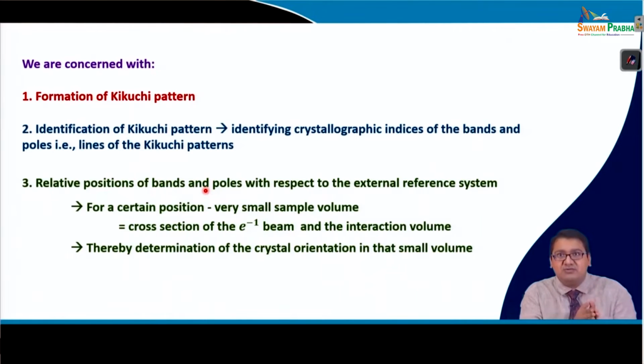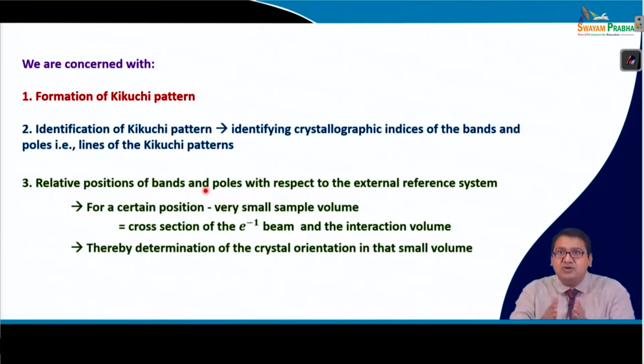And then the electron beam is rastered. So, it is taken to the next step and then the same process is continued. So, another Kikuchi band pattern is taken and then it is shifted again and another beam falls on the side of the other.